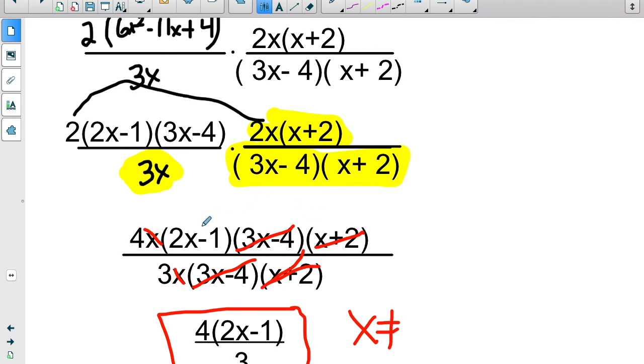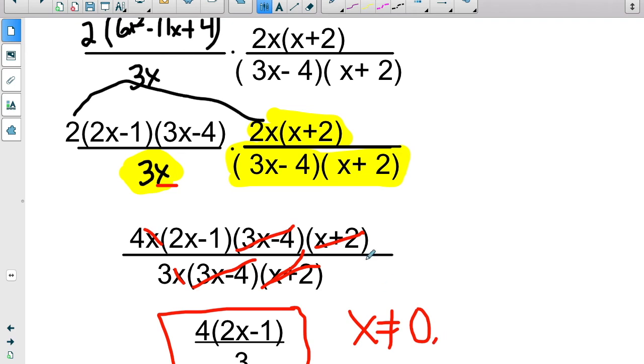When we look at all these here, well, the x is not there anymore, so we have to say x cannot be 0. So x cannot be 0 is one of our answers.